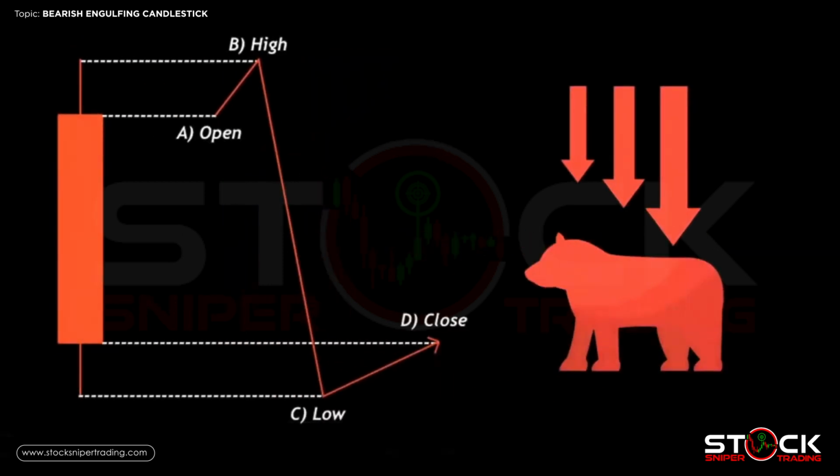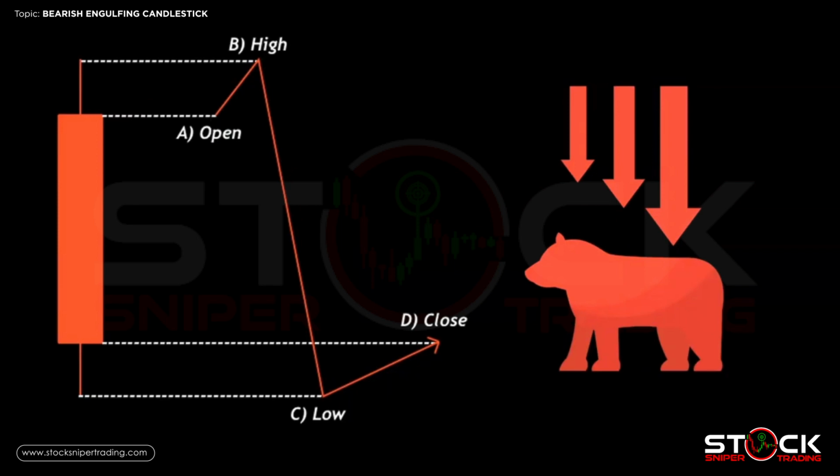On the left, we have an example of a bearish candle. We can see that it has A, B, C, D, which represents the open, high, low, and close. A, we have a bearish candle which opens at the top, and we have an upper wick, which is B, which represents the high of the time frame, and we have C, which is the lower wick, which represents the low of the time frame, and finally we have D, which is the close of the bearish candle.